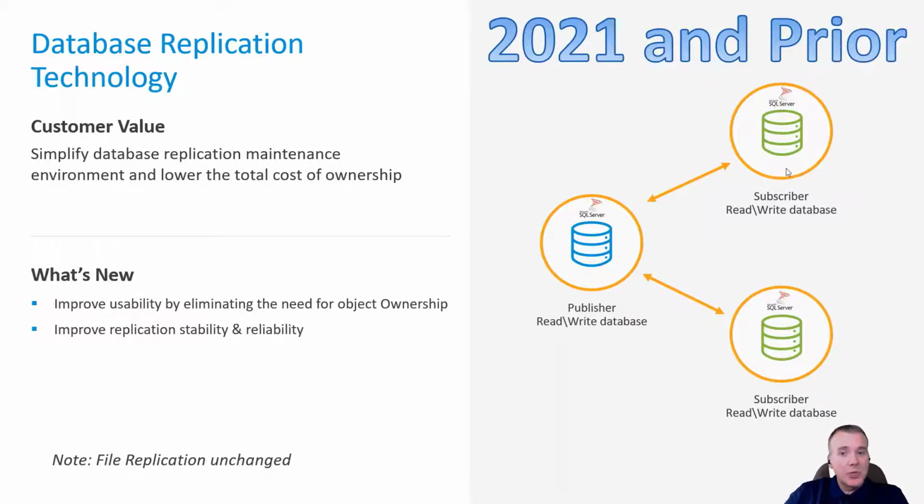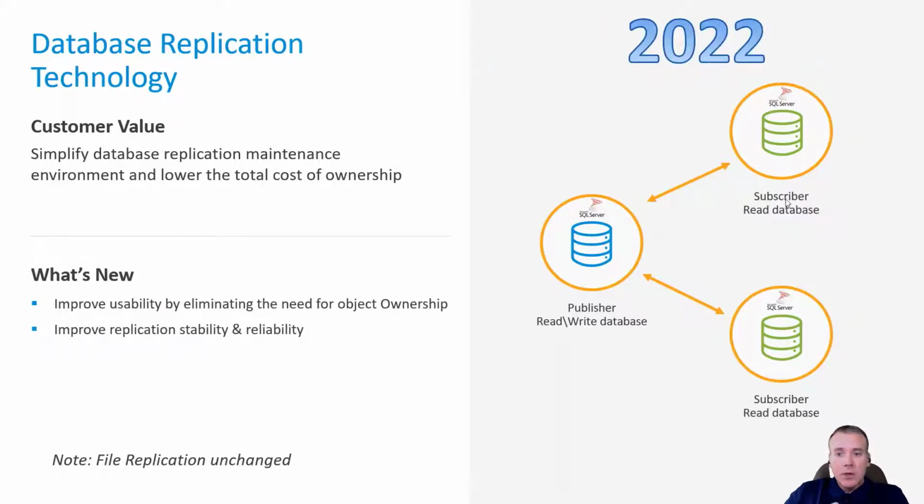But I've also had situations where customers didn't know that the subscriber to publisher connection was down, and it was down so long that those changes could not ever be merged back into the publisher, which is a huge mess, right? So realistically, you do need a constant connection to that publisher. The old method could support it for a little while, but it was always a problem. And so now I think this is by far the better approach.